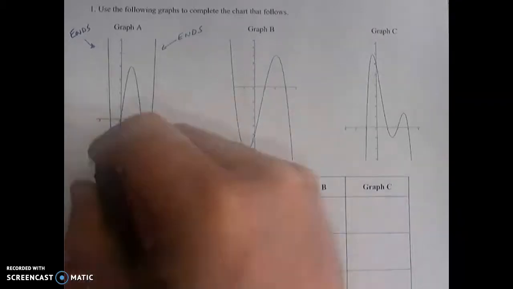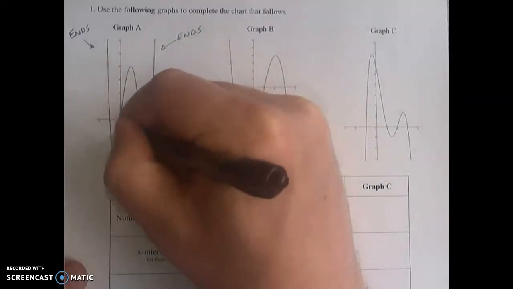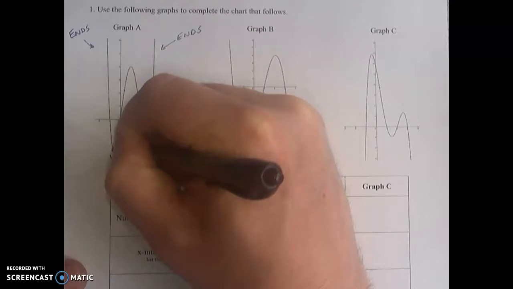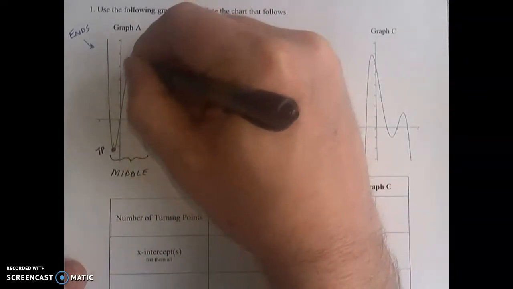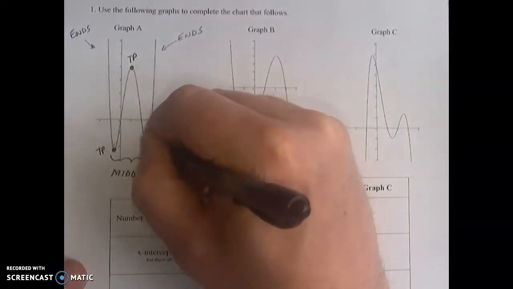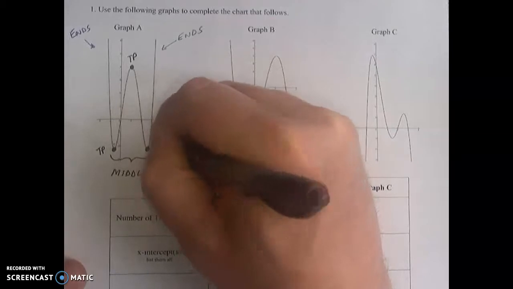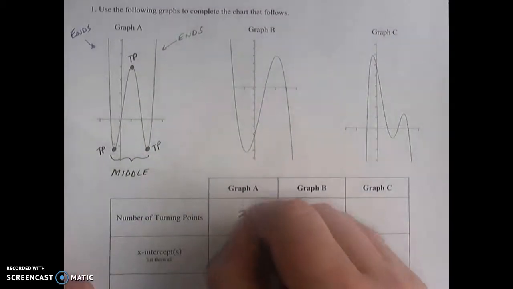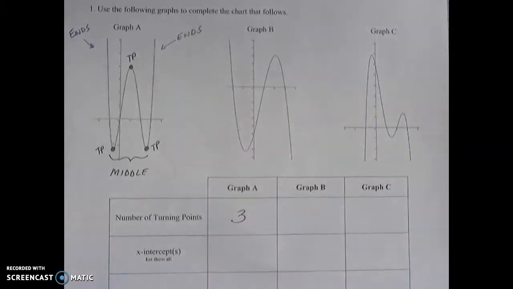So, right here, down at the bottom where this goes from going down to going up, that's one of our turning points. And then up here, where it goes from going up to going down, it's turning. When we go down here, from going down to going up, that's also another turning point. How many turning points in this graph? There happen to be 3 turning points.